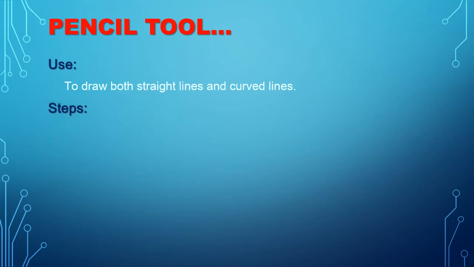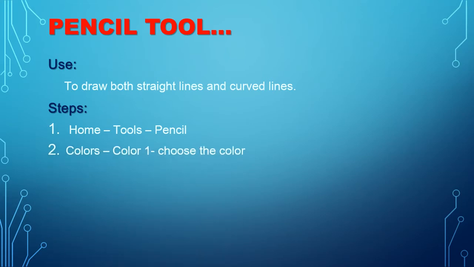Let's learn the steps on how to use this pencil tool. First, on the Home tab, in the Tools group, click the Pencil tool. Then you have to choose a color. In the Colors group, click Color 1 and then choose a color. Then to select a background color, click Color 2 and then choose a color.